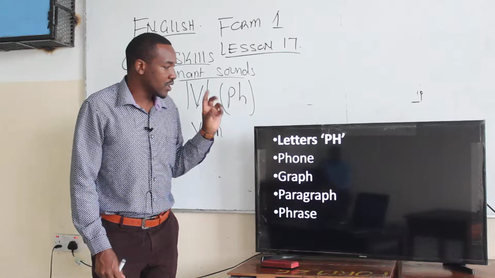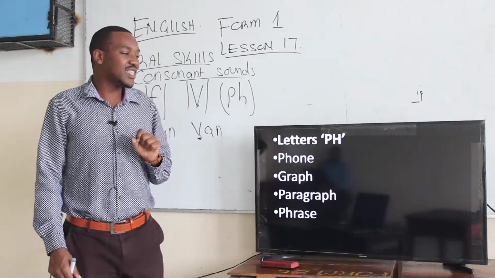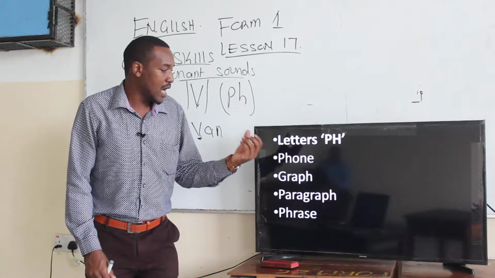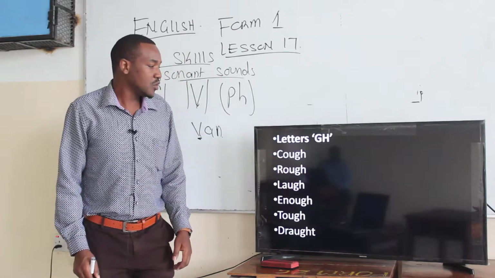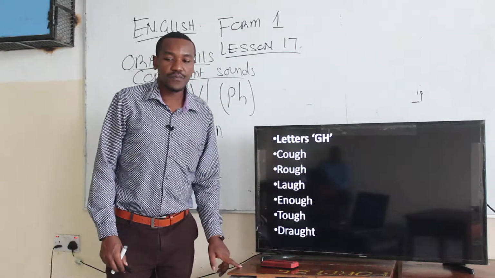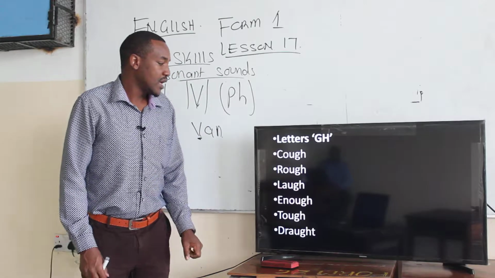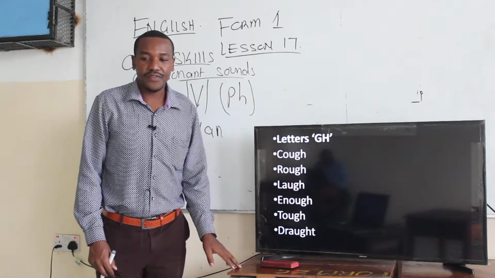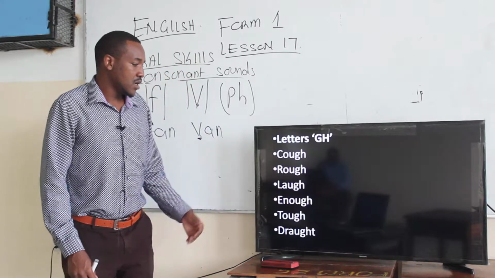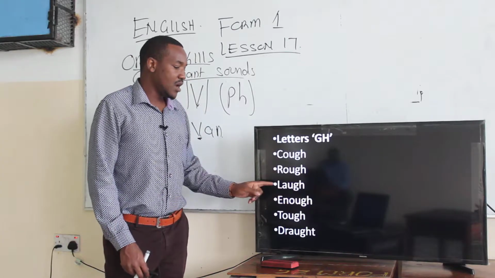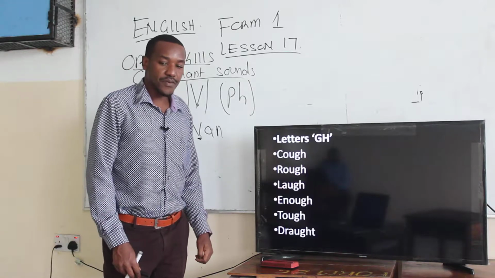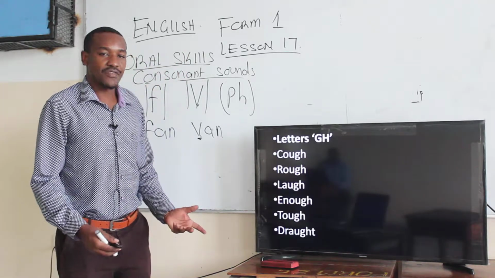Also we have those words which have GH, and these words with GH are also pronounced as F. So let's look at those words. Example, we have the word cough, then rough, laugh, enough, then tough.